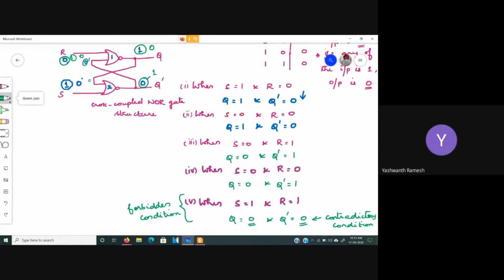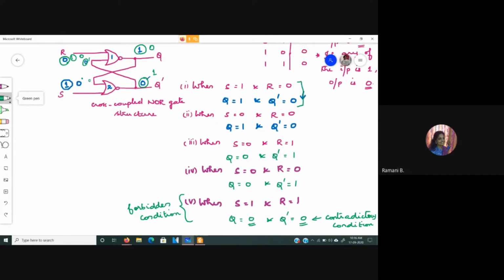Okay. So when both S and R are equal to 1, as this is a forbidden condition, wherever you use an SR latch, you will see to it that this condition does not happen. That is, if the SR latch is constructed using NOR gates, you see to it both the inputs are not 1. And with the first condition, when S is equal to 1 and R is equal to 0, we had Q is equal to 1 and Q bar is equal to 0.